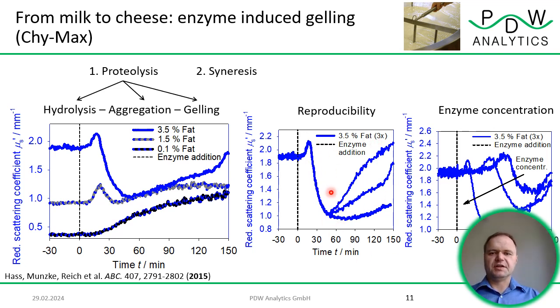But during the gelling period, because this is a 3D process within the vessel, this differs strongly. The first 2 periods are reproducible, then not. And we can also see, of course, enzyme concentration effects. If we increase the enzyme concentration, we get significantly faster reactions.